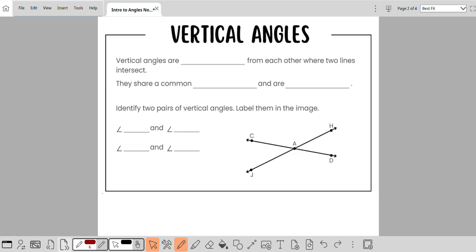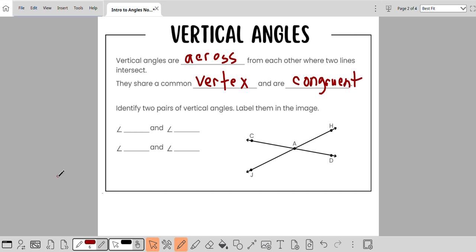All right, these are vertical angles, and vertical angles are across from each other where two lines intersect. They share a common vertex and they are congruent.